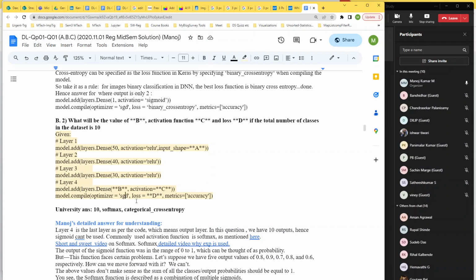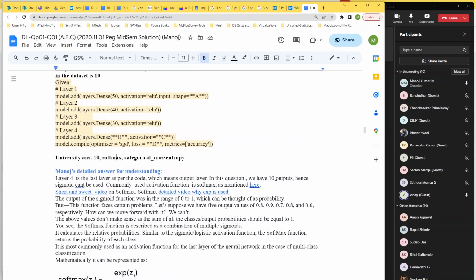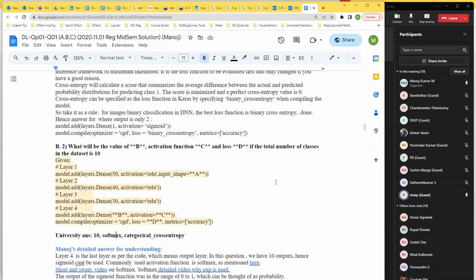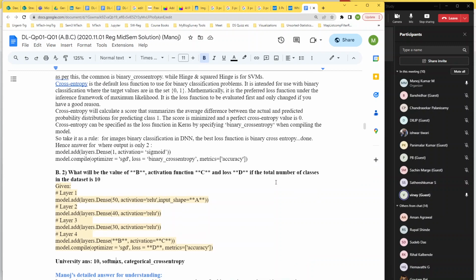So 10 outputs, each maybe with some sort of activation, but in categorical classification we use softmax, and I already explained the reason. Can you explain, Vinay? Softmax: when you have a categorical output, in binary we were using sigmoid, right?